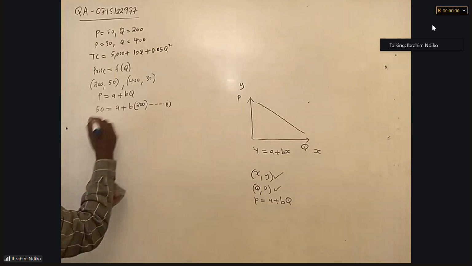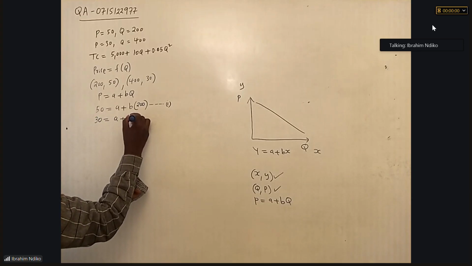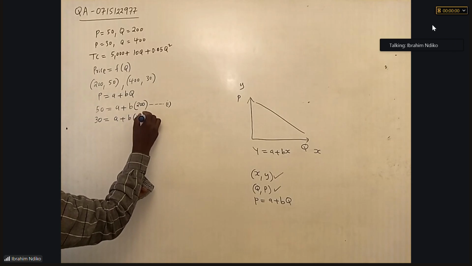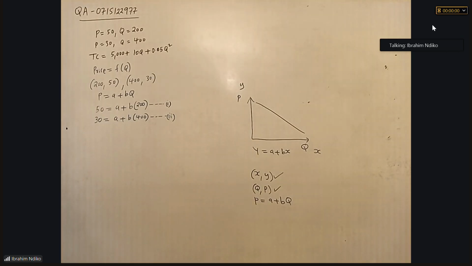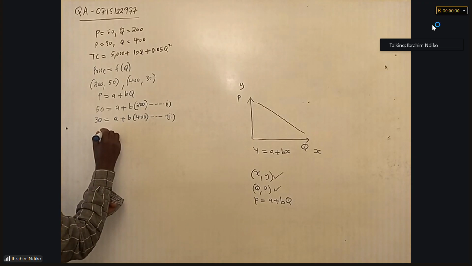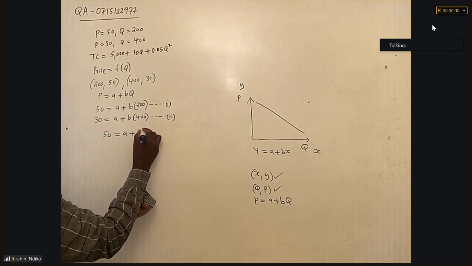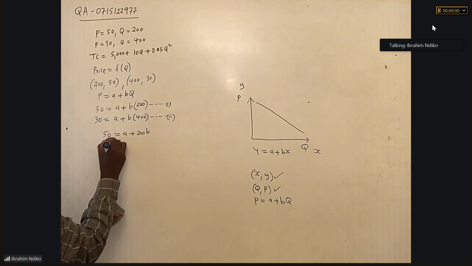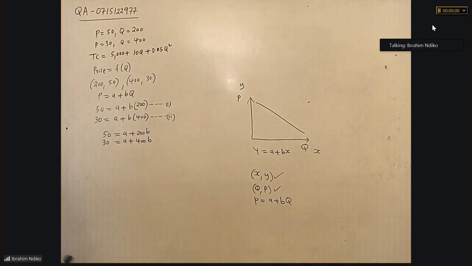When price is 30, we do not know A, we do not know B, but we know Q is 400. That will become the second equation. So we solve the equation using simultaneous equations. So this is like saying 50 equals A plus 200B. The other one is 30 equals A plus 400B. Find the value of A and B.